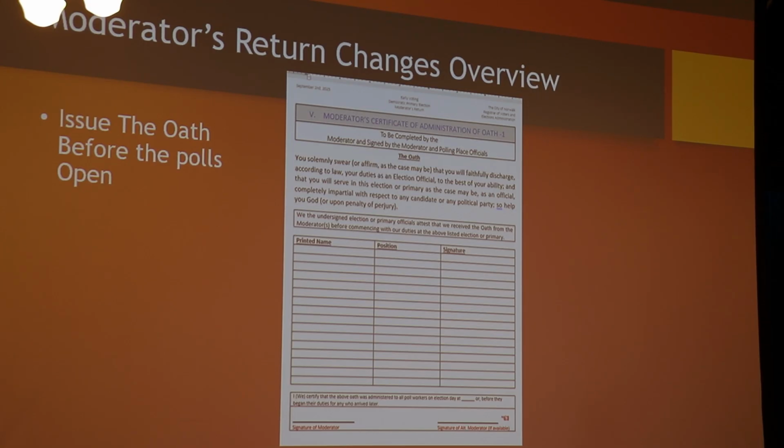In early voting, I believe there are 2 moderators each day. In some of the polling locations, in some cases we have 2 moderators, and in some cases they have agreed to have 1 moderator. So in the case where there are 2 moderators, you'll have 2 books. If you have a moderator and an alternate moderator, which is not the same as having 2 moderators, then you would have 1 book.